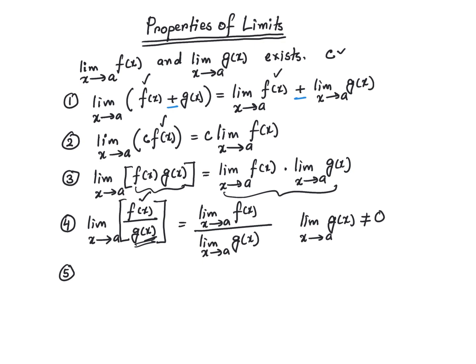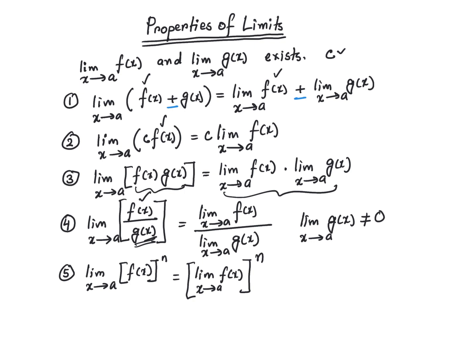The next rule is this. It involves exponents. So limit x approaches a, f of x raised to the power n is going to be the same as limit x approaches a, f of x, and you're going to raise the whole limit to the power n.